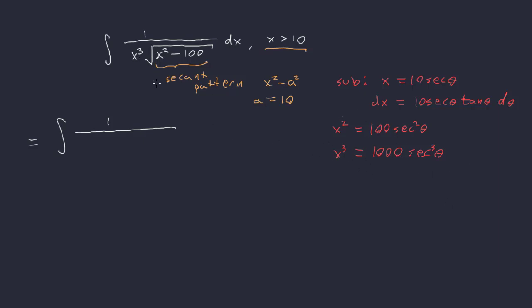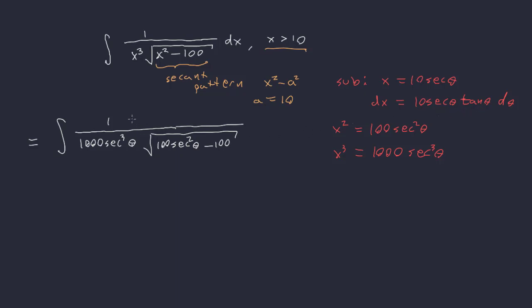so our x cubed becomes 1,000 secant cubed theta. Then we'll have the square root. Our x squared becomes 100 secant squared minus 100. So that part is fine. Then we have our dx, which is going to become 10 secant theta tangent theta.